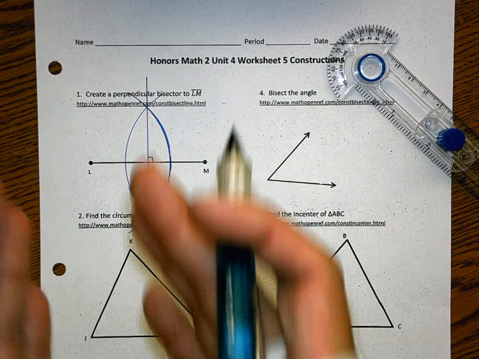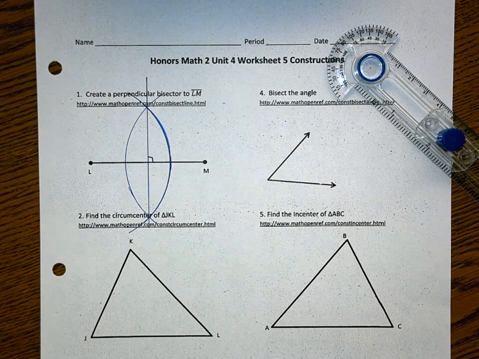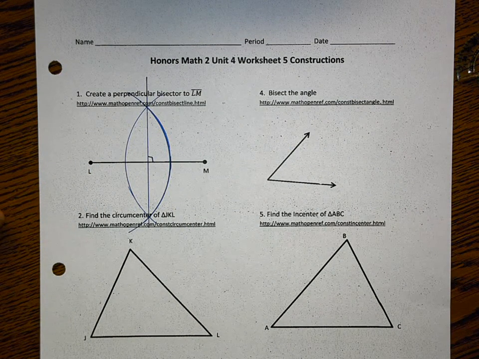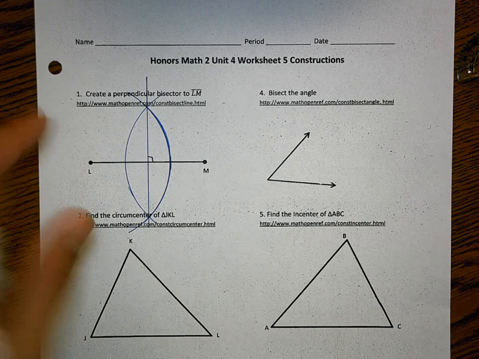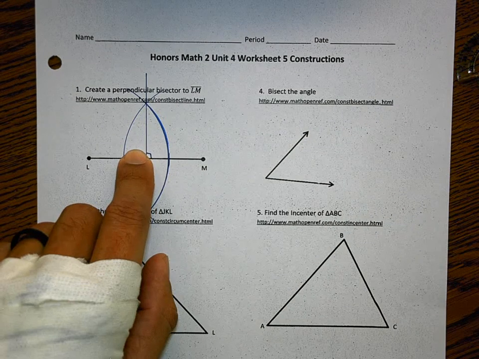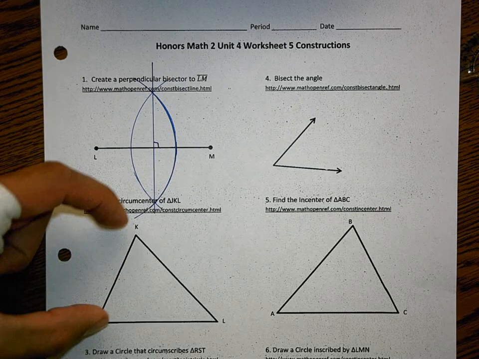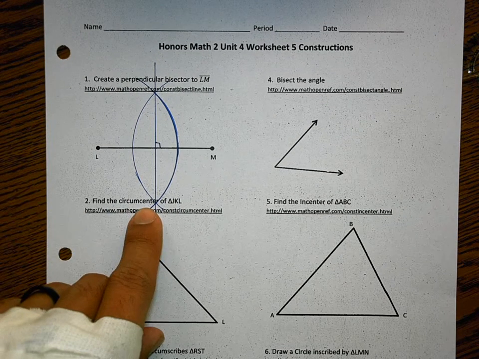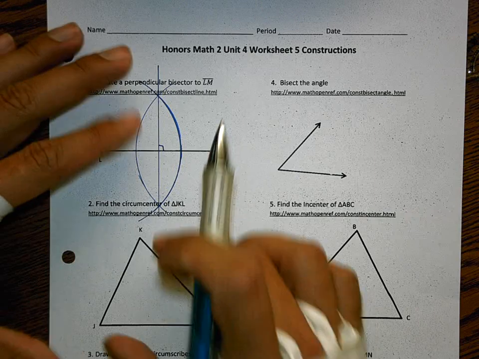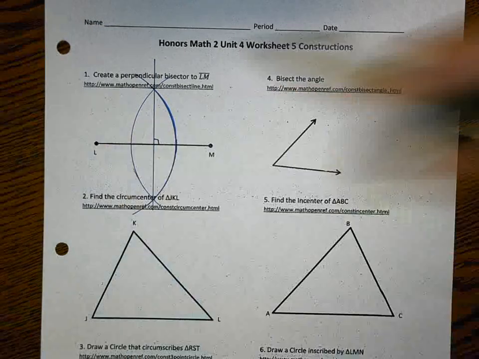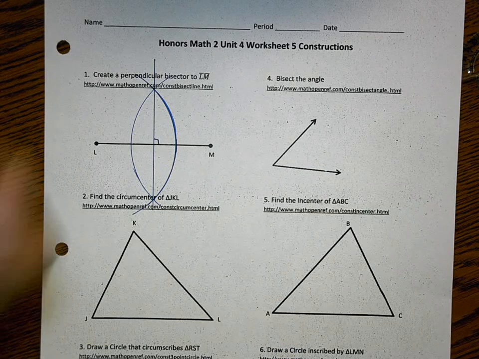It's a way for you to find it without even using a protractor or the compass. So if that's how we do perpendicular bisectors, you're going to use this on number 2 to find the circumcenter. You are going to do a perpendicular bisector of this side and a perpendicular bisector of this side, and where they intersect will be the circumcenter.